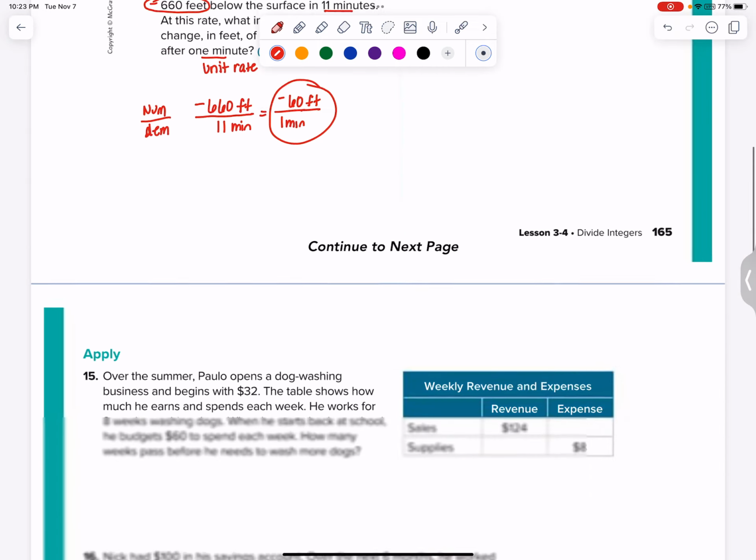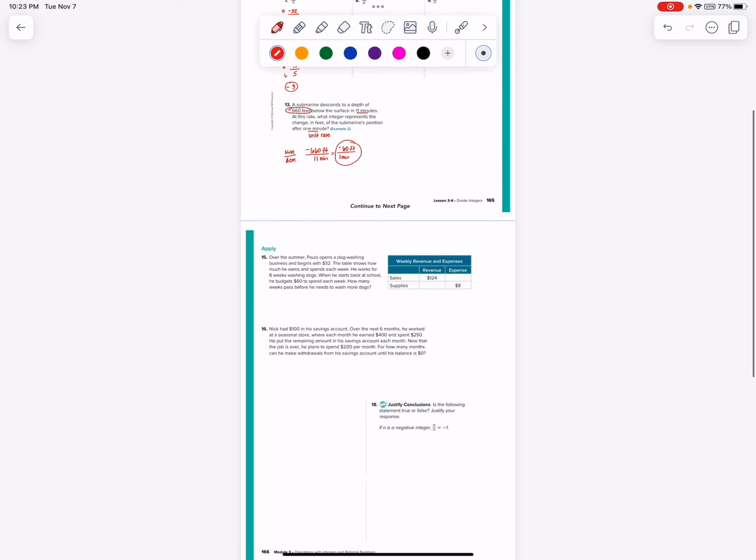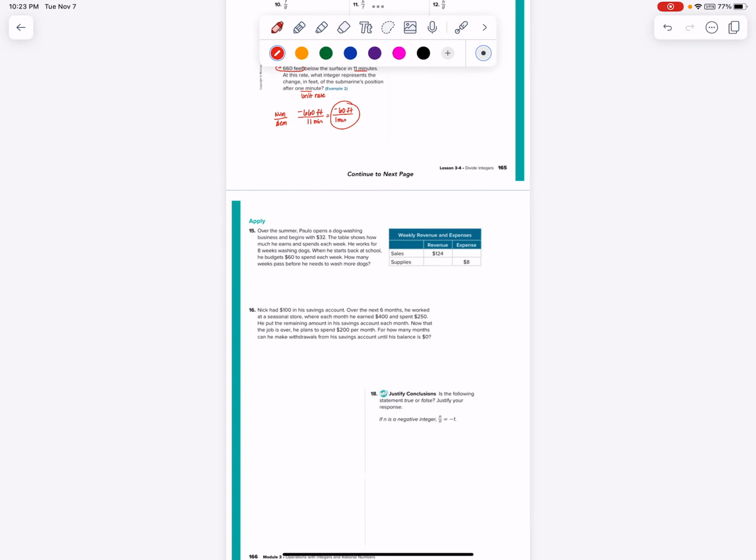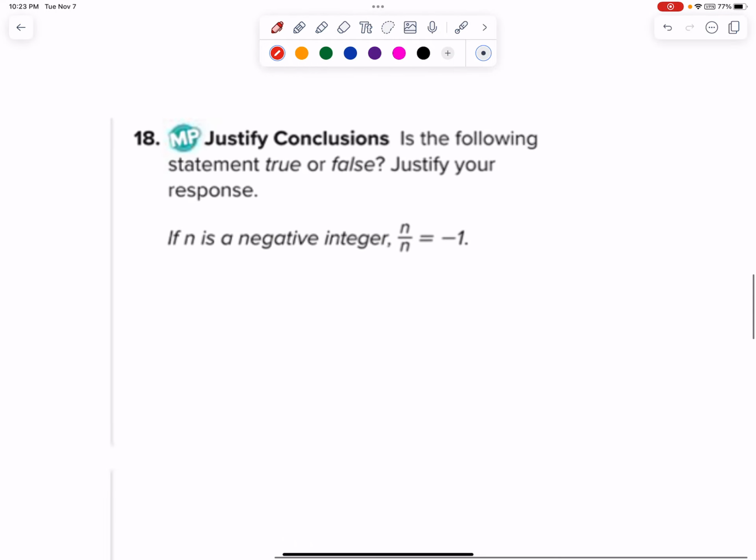Okay, let's go down to your applies. Before we get into applies, I want you to take a look at 18 and do this on your own, and think about why. It says, is the following statement true or false? If n is negative, can n divided by n equal a negative 1?